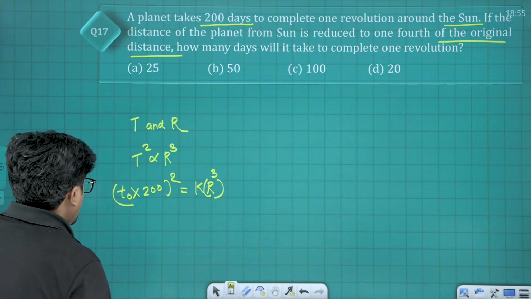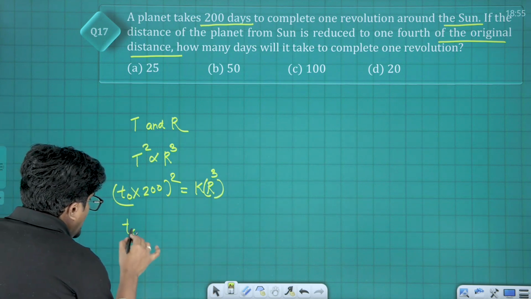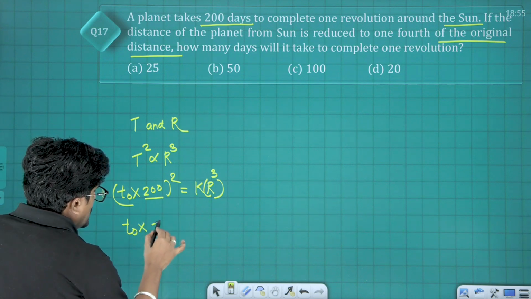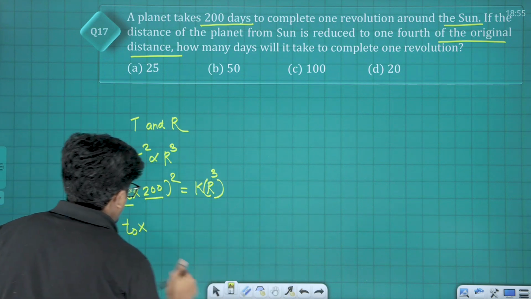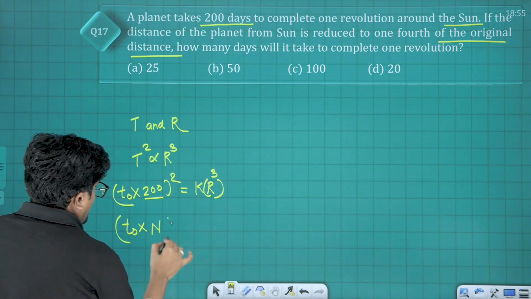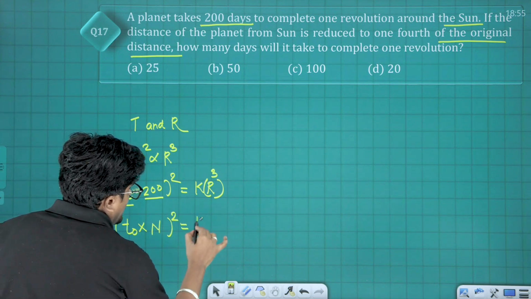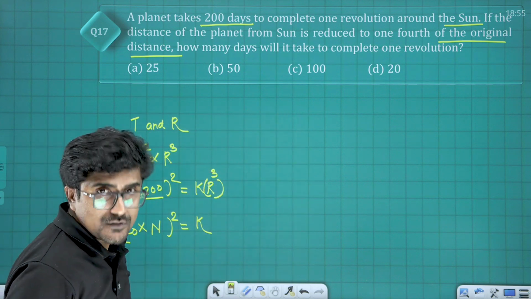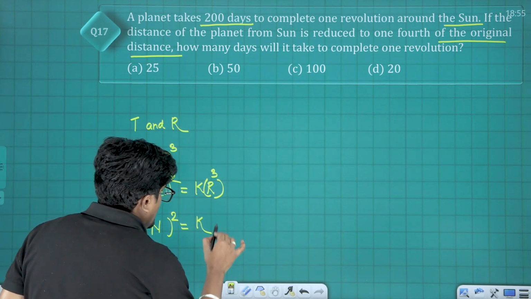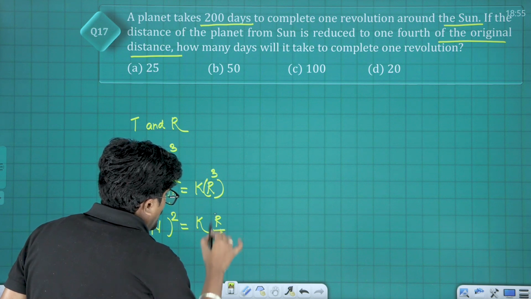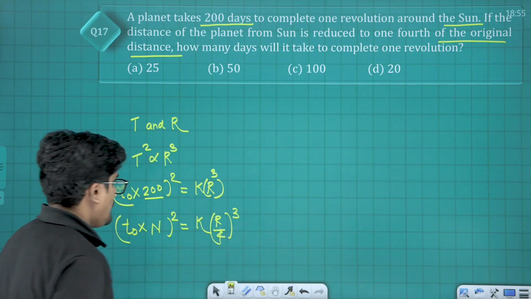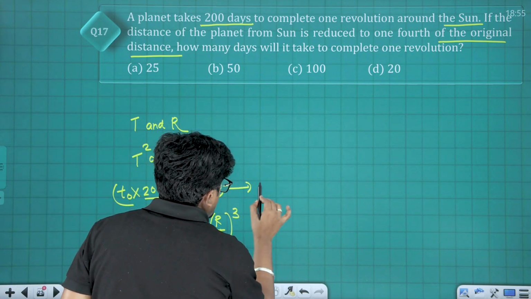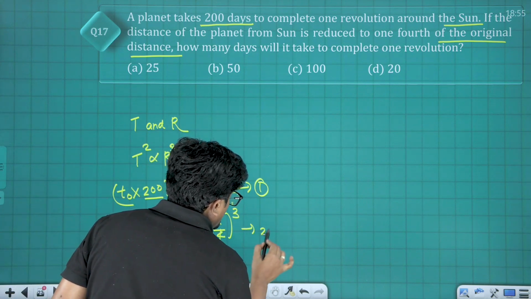Okay, and next time is going to be T0 into, we don't know about the new time, so let me mark it as capital N, is going to be K into, the radius is reduced to 1/4. Okay, so it is R by 4 all cube. Fine, we need the value of N. So this is equation number 1 and this is equation number 2.